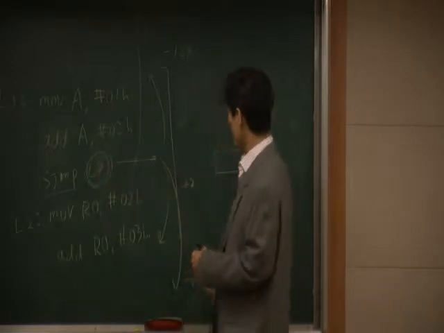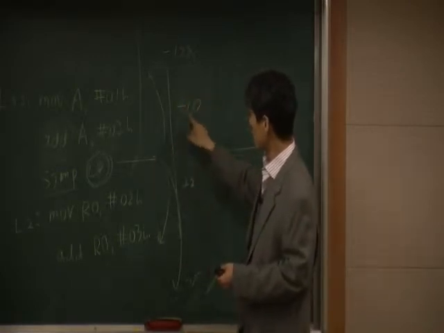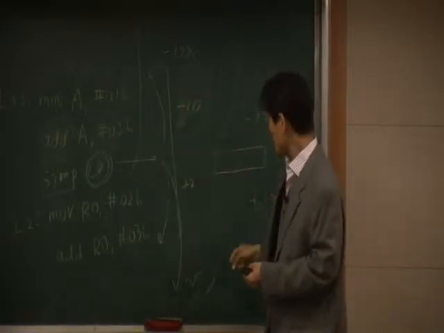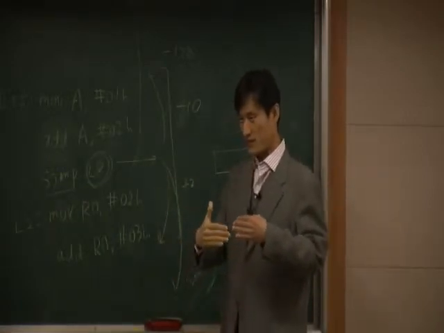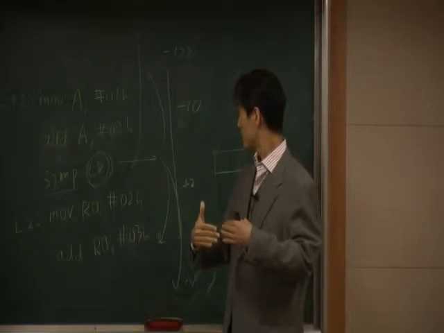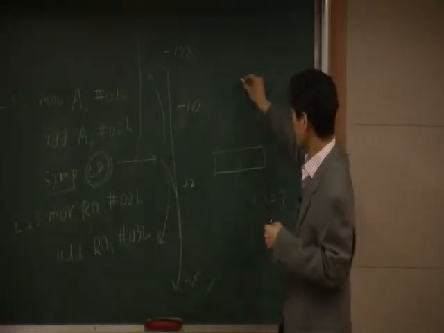And let's say I'm jumping to minus 10. That basically means, for example, that my current address, in decimal, is 100.